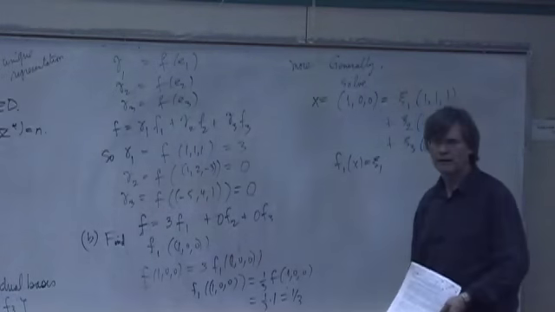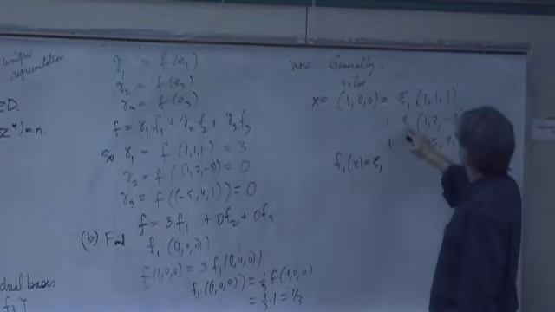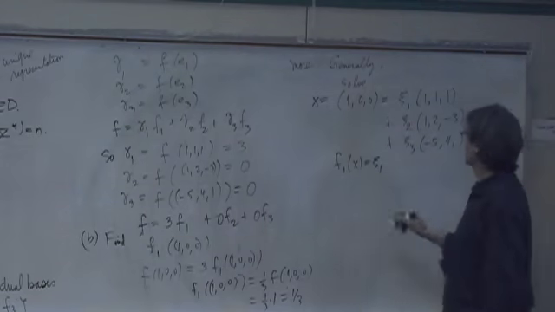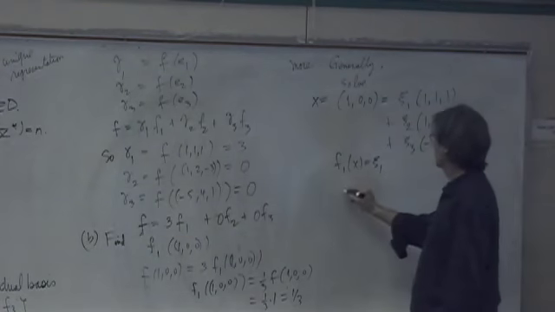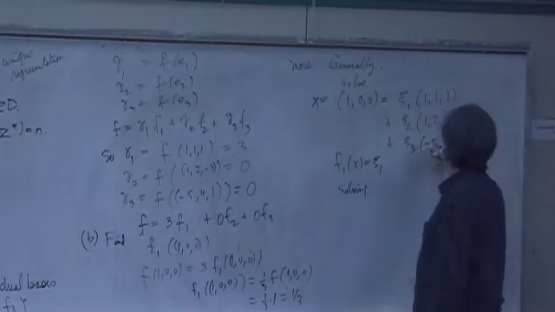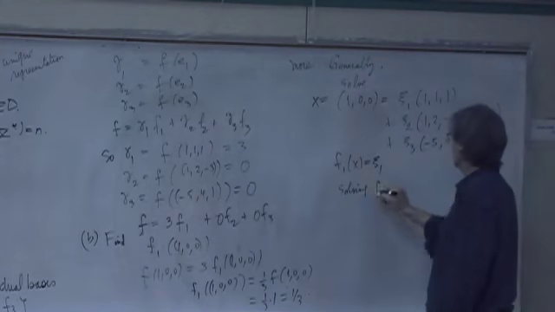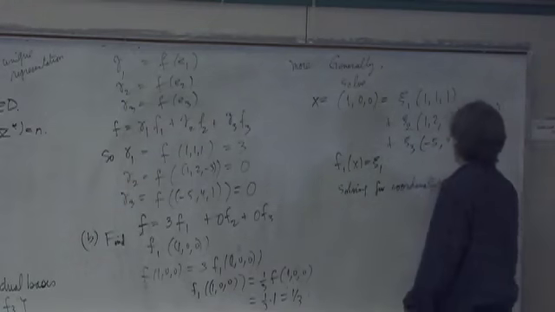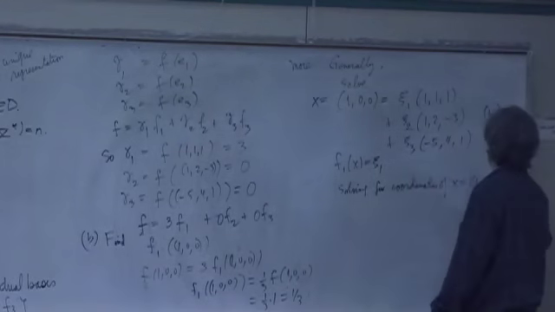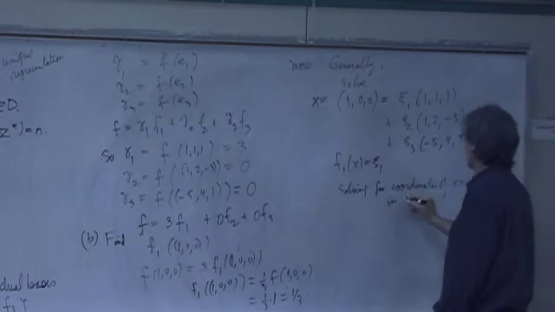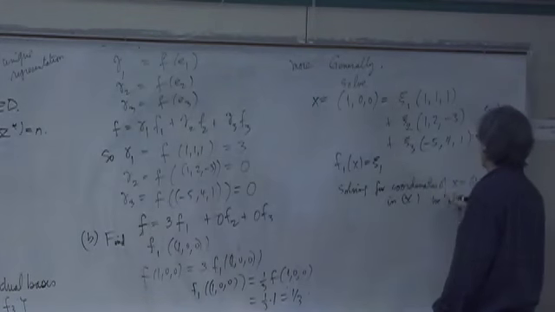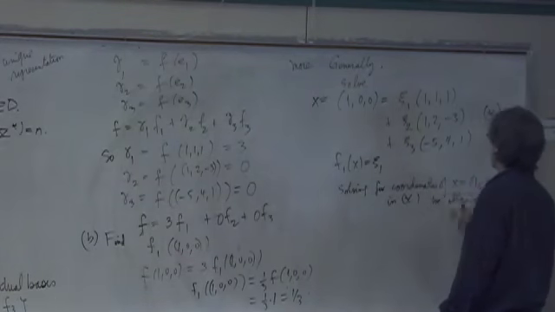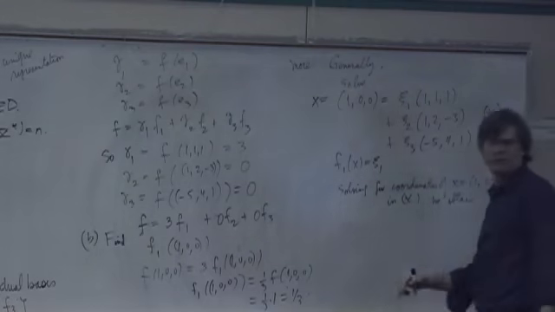So I need to find c1. Well, it turns out that solving for c1, if I call this star, solving for coordinates of x equals 1, 0, 0 in star, we obtain, that's not very difficult either, if you realize that these are mutually orthogonal, the 1, 1, 1.